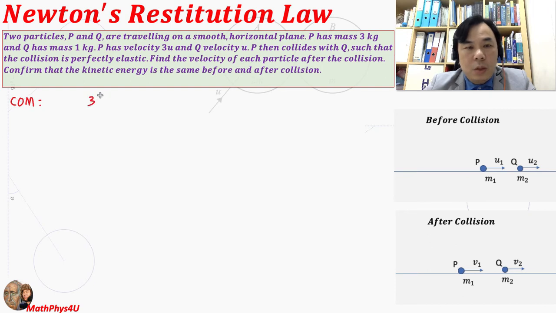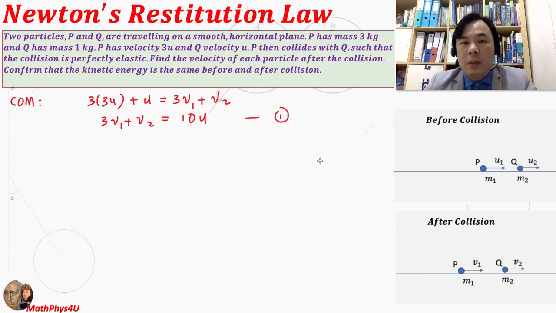So that is 3 kg times 3u plus 1 kg times u is equal to 3V1 plus V2. From here, we have 3V1 plus V2 is equal to 10u. Basically, that's what we obtained previously.